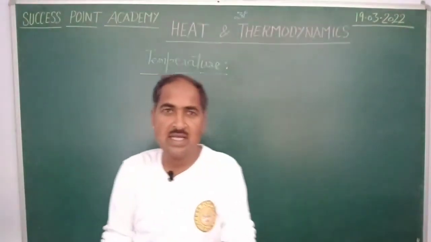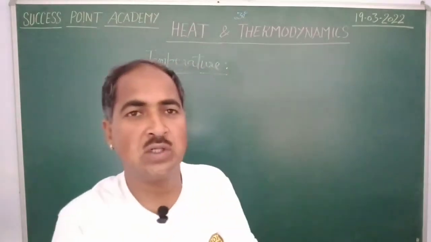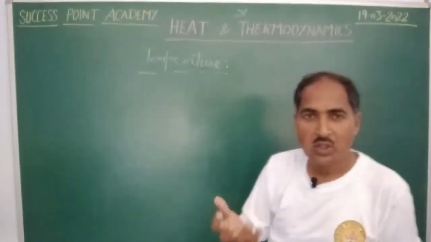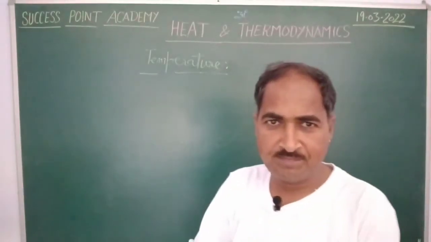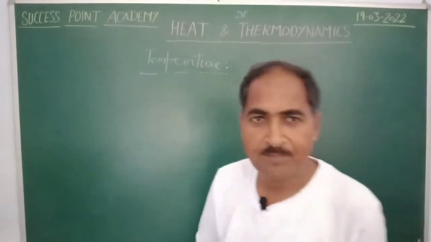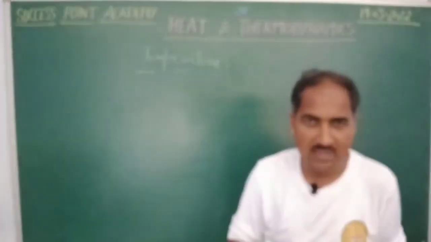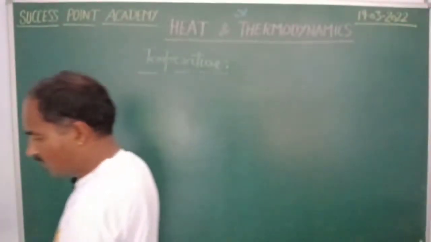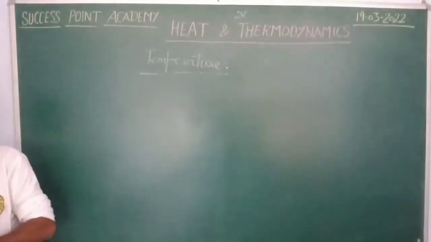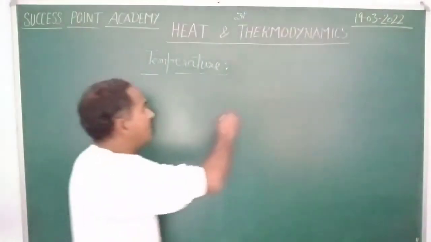Okay, if its value is low, it will tell us that a cool environment is there. But if the temperature's value is more, it means a hot environment is there. So temperature is a relative measure of hotness or coolness of a body.